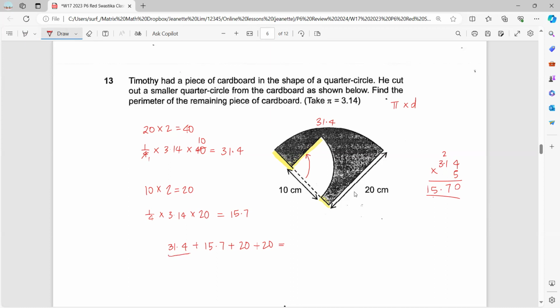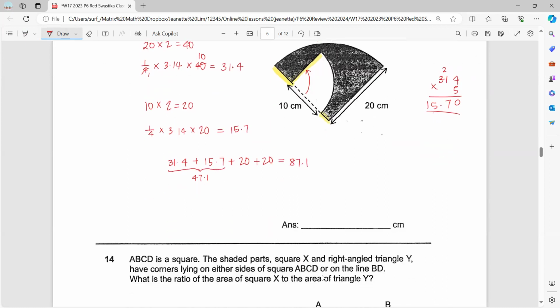Okay, so this is going to give me 47.1. Add another 40 will be 87.1. So answer 87.1 cm.